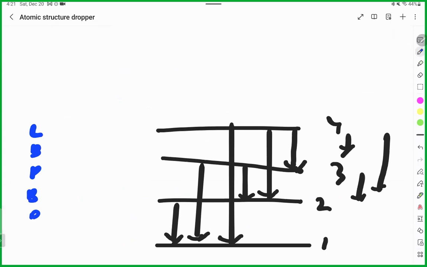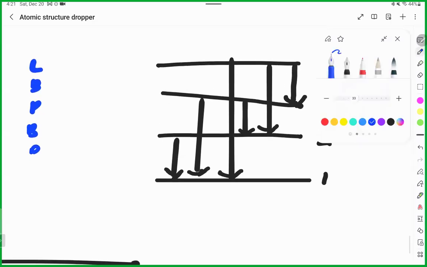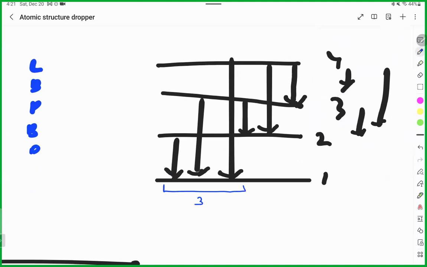That's why the total number is different from the Lyman series. If anybody asks the number of spectral lines in the Lyman series from 3, what will be the total number? 6. Understood? I think that is the main doubt for you, right?